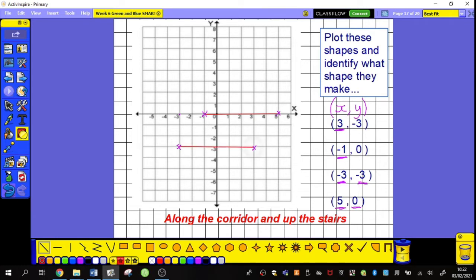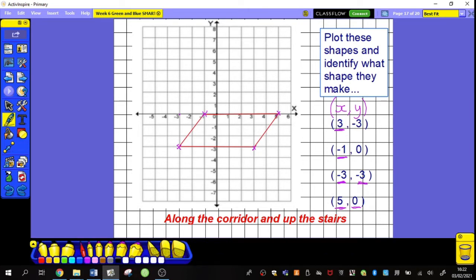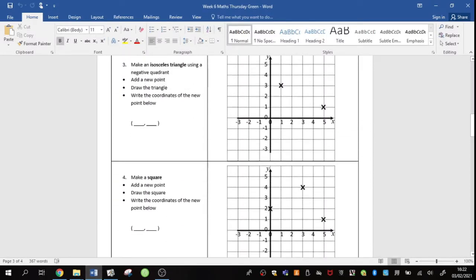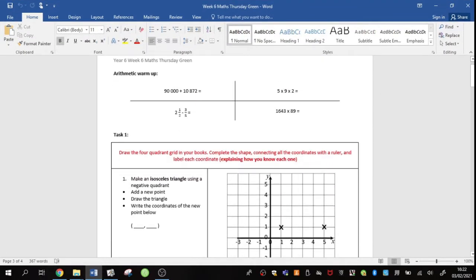There we go. Join up my coordinates, and I can clearly see what shape they make. I have my parallelogram.